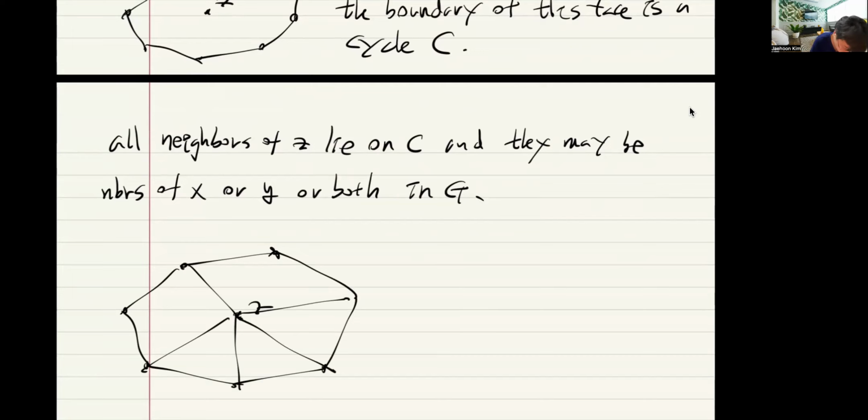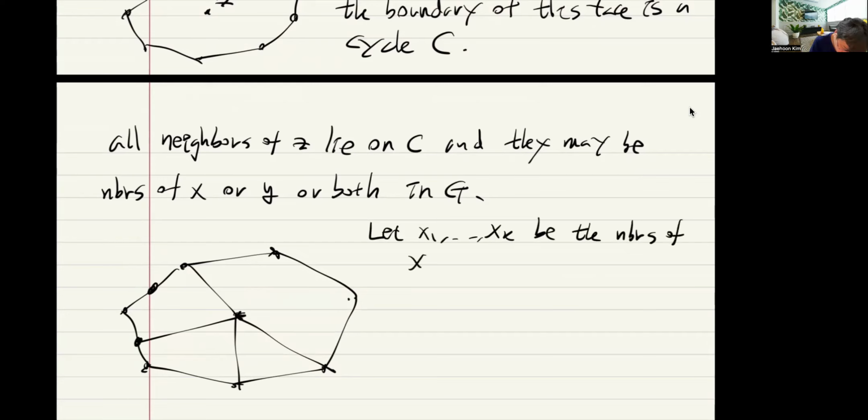And here, this is straight line, straight line, straight line. And out of these, you see how many are actually neighbors of x. Okay, so let's say that x1 to xk be the neighbors of x in cyclic order on C.